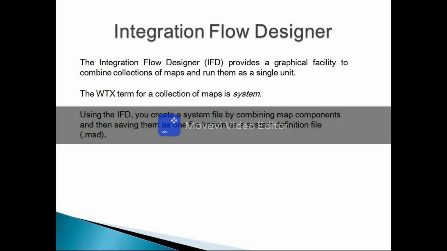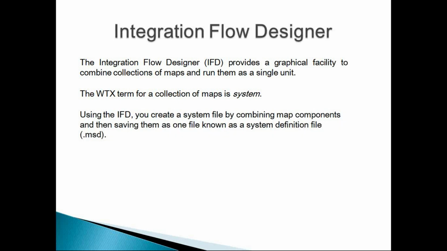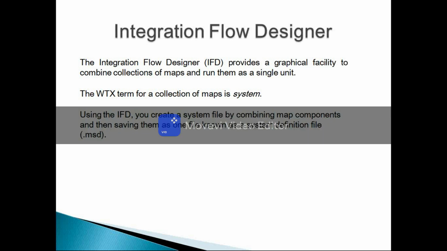As I already told, the integration flow designer provides a graphical UI. Everything is graphical. Using this, we combine a collection of maps and run them as a single unit. Like whatever I told, we can put some combination of maps, saying that whenever a file comes to some first directory, it will get picked by the first map, which will create the output and put it in the next directory.